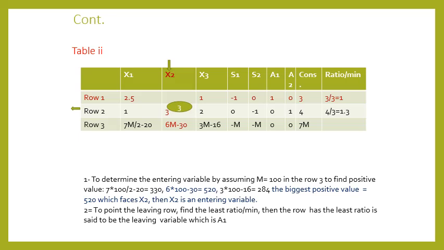So 7 times 100 over 2 negative 20 is 330. That's correct. Let's move to the second column, x2. 6 times 100 negative 30, the remainder is 520.